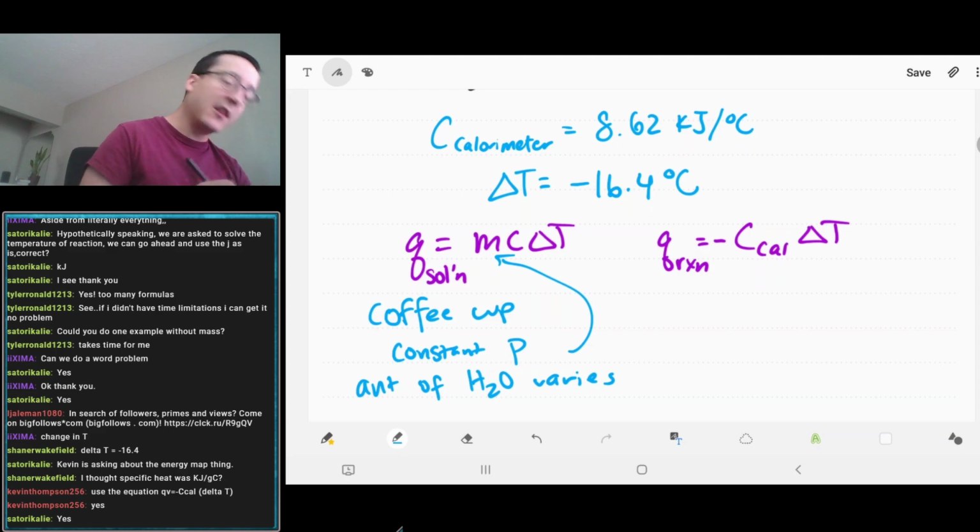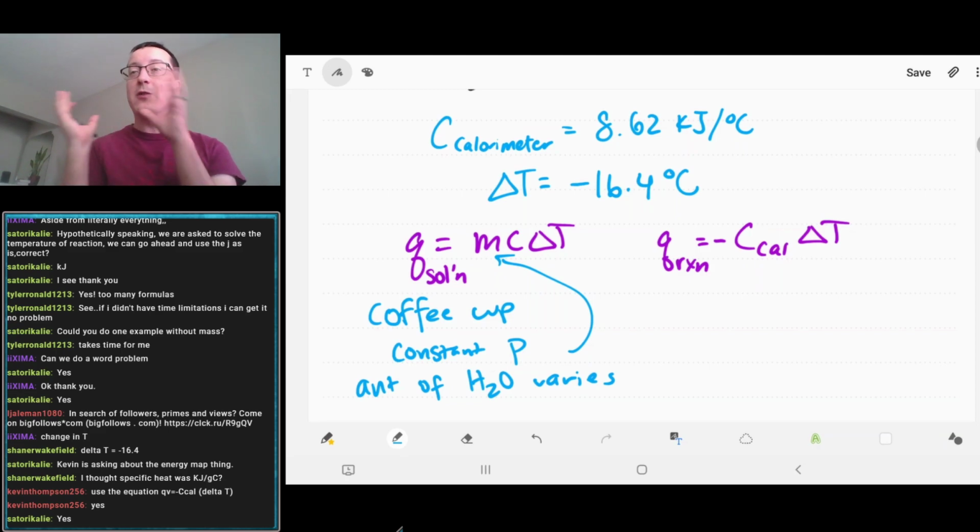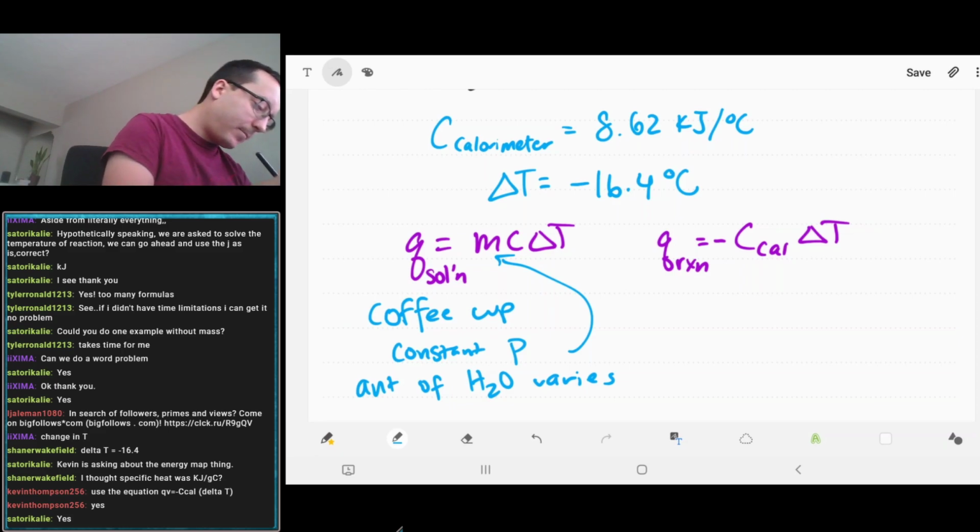The bomb calorimeter is just one big old contraption that has a fixed amount of water in it. Because the water doesn't change between uses of that calorimeter, it's easy for us to combine them in one thing as C calorimeter. So this is the bomb here, and this is constant volume.